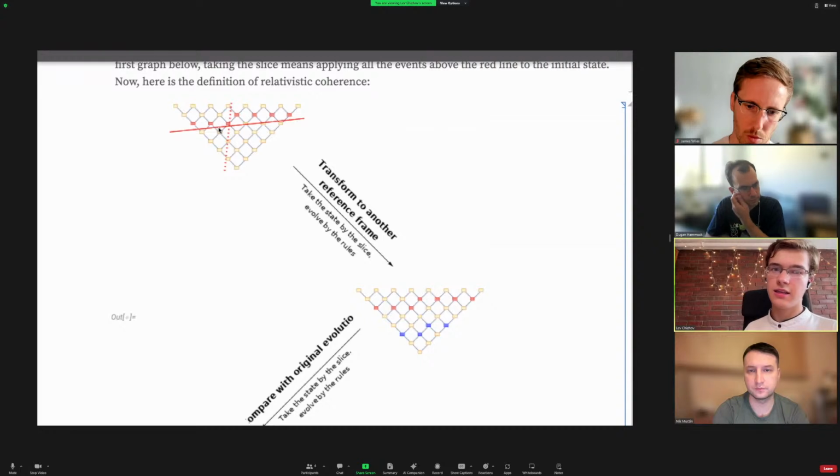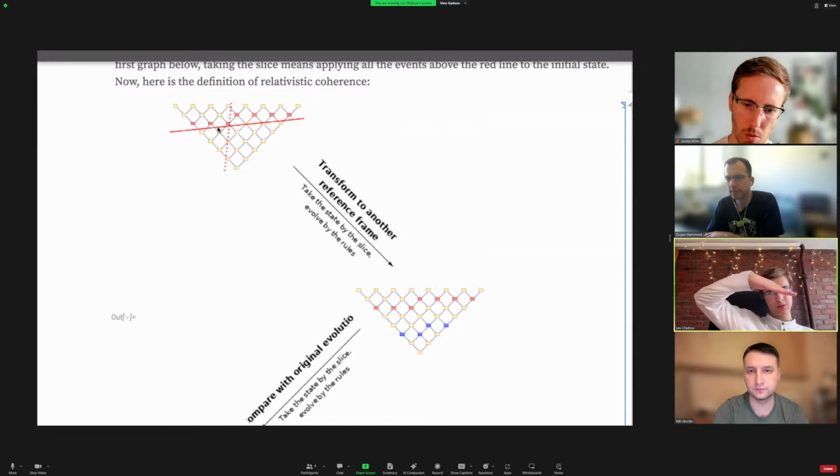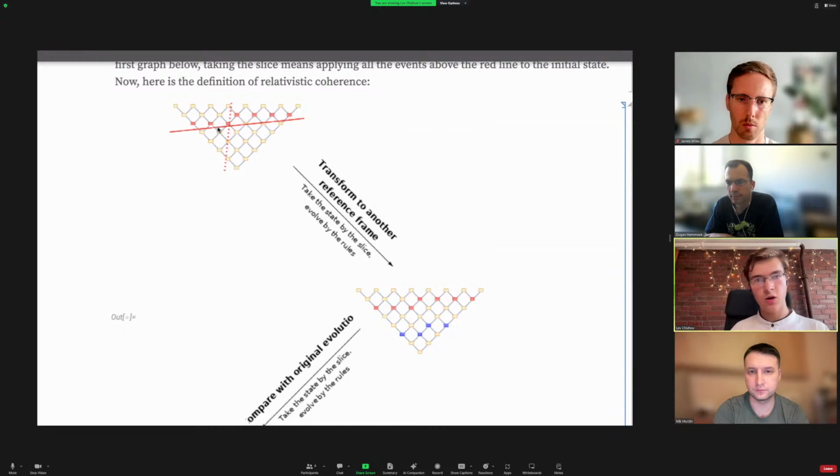With a Lorentz boost with a very, very small velocity, the hyperplane is only going to penetrate one layer of events and not two.